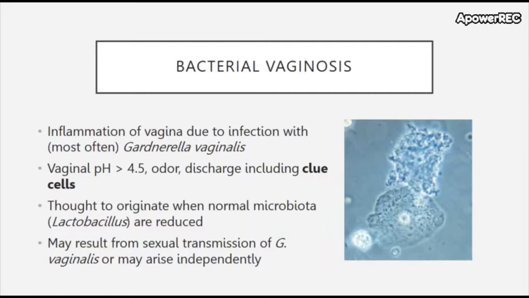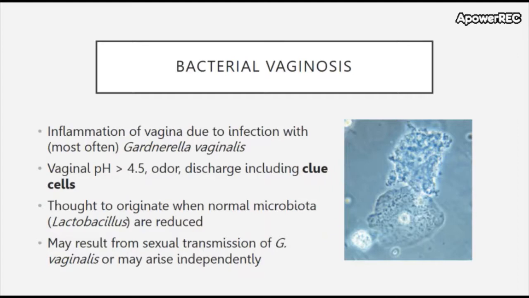It is an inflammation of the vagina due to infection with a bacterium, most often Gardnerella vaginalis. Signs include a vaginal pH that rises above 4.5. We also have an odor and a discharge, and what we call clue cells.